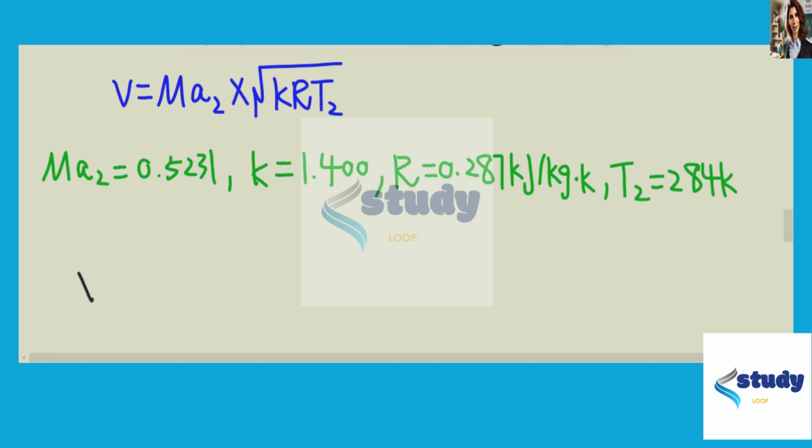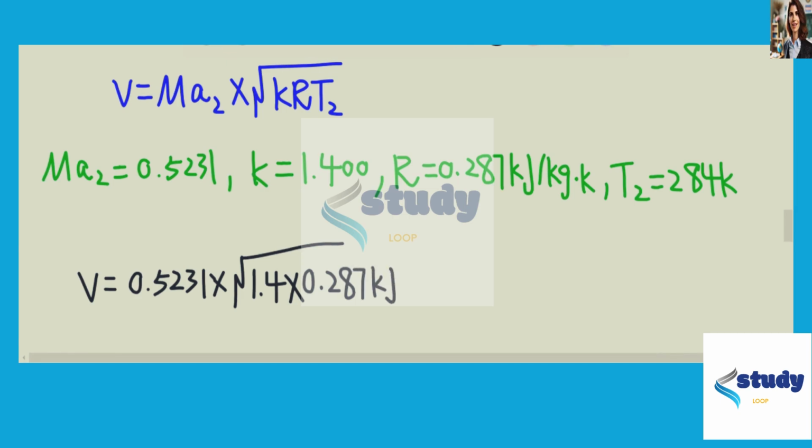So now let's plug back into the equation to determine the velocity, which is equal to 0.5231 multiplied by the square root of 1.4 times 0.287 kilojoule per kilogram Kelvin, and then times 284 Kelvin. And now let's convert to meter squared per second squared since it's under the square root.